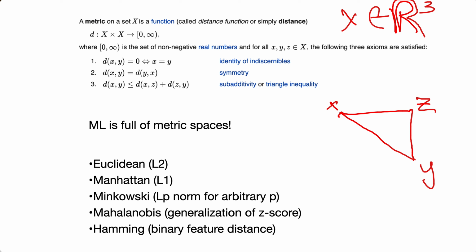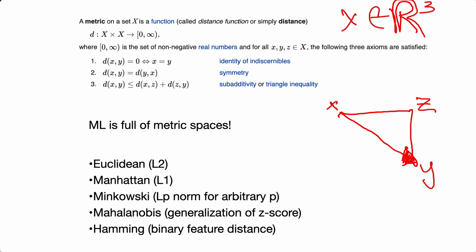Okay, so we use these metric spaces all the time in machine learning. We have to talk about the distance between different data points for all kinds of reasons, not just clustering. This works even in supervised learning. Now, we can define these metric spaces variously. The Euclidean space is the one where the distance between x and y is the square root of xz squared plus zy squared.